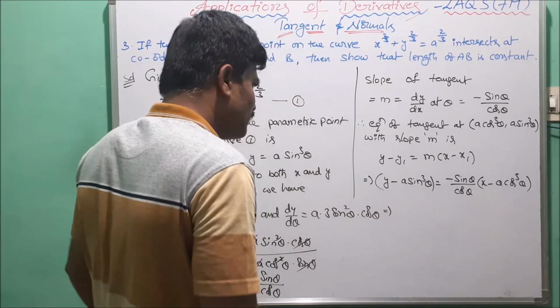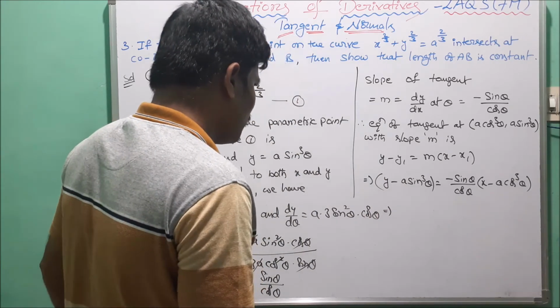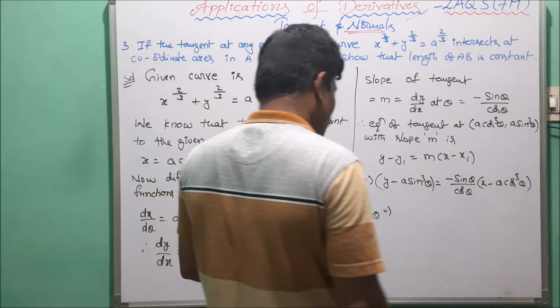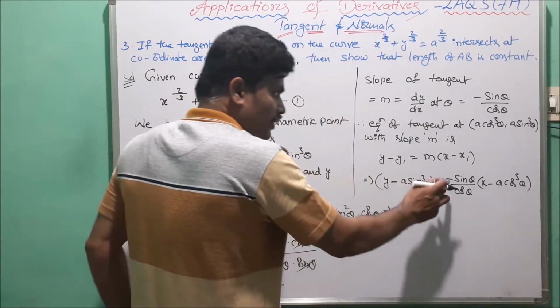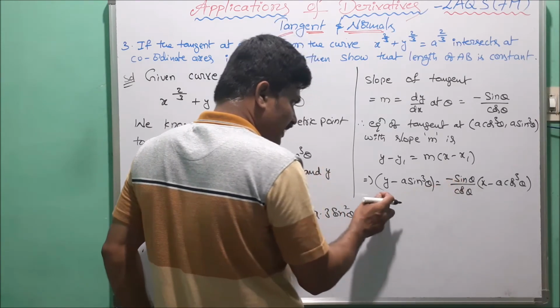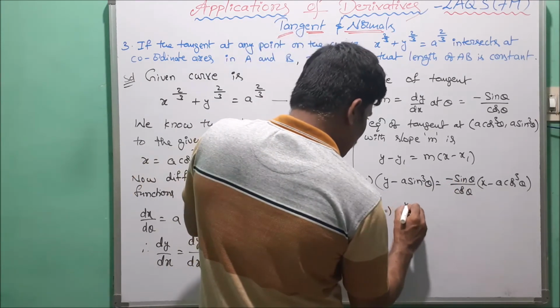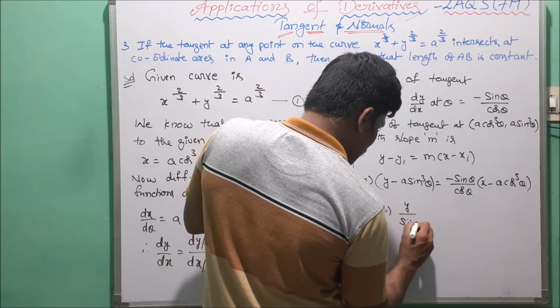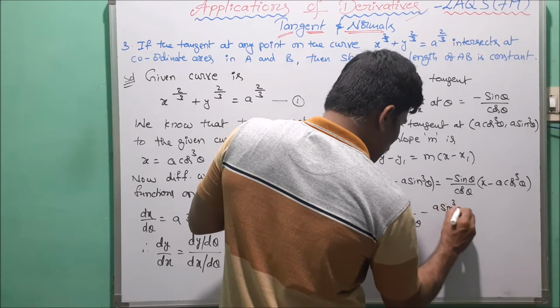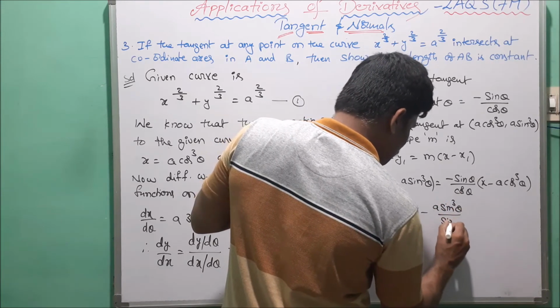Now here clearly we have to observe, here divide with sin theta on the left side. Now we write y by sin theta minus a sin cube theta by sin theta.